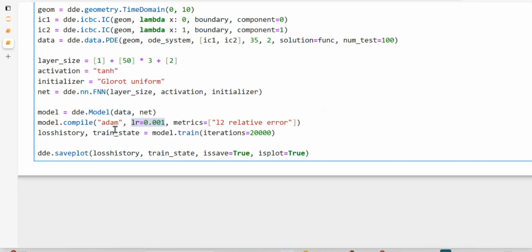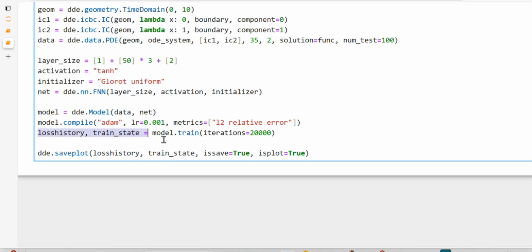So if you want to see, or maybe you can search it yourself, you will find out what is the purpose of this Adam, and maybe some other algorithm as well, which try to minimize the weight functions, weight and other parameters. L2 relative error. So that's how the code is written over here.